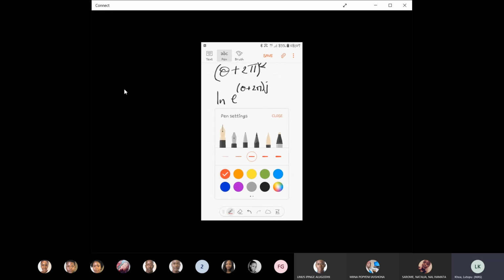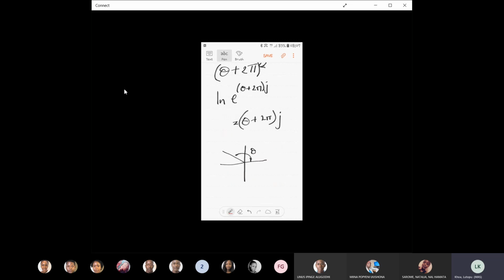You can measure it anti-clockwise, then it's positive, or you can measure it clockwise, then it is negative. The principal argument is where we will get our principal value from. So you get the principal value by taking ln with the principal argument.